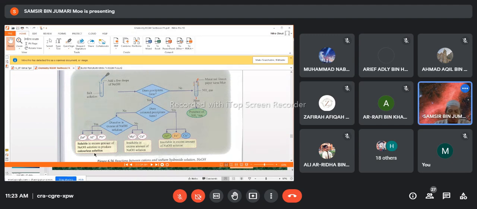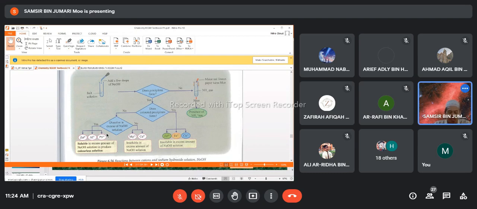We can observe that a white precipitate will be formed, soluble in excess sodium hydroxide solution. Okay, whereas for magnesium ion and calcium ion, if these cations are in the salt solution, the observation is that the white precipitate will be formed, not soluble in excess sodium hydroxide solution.